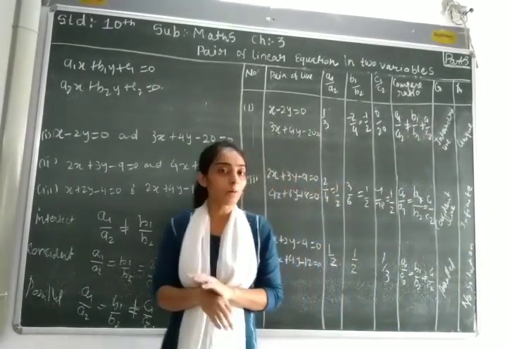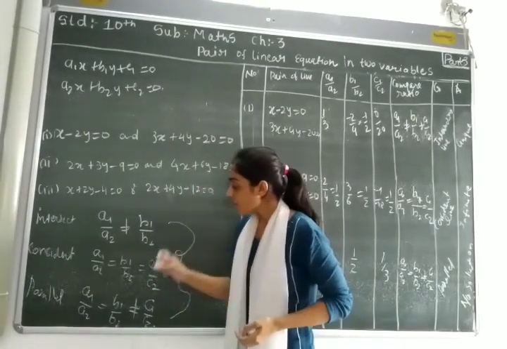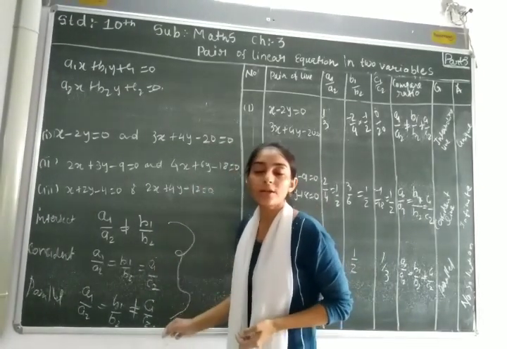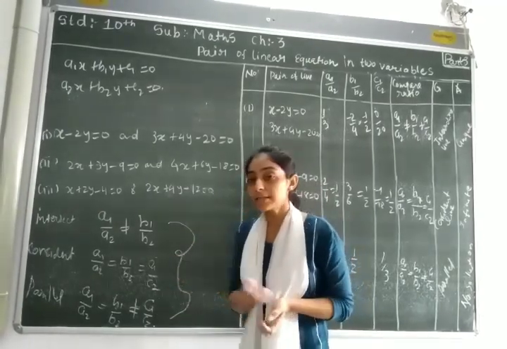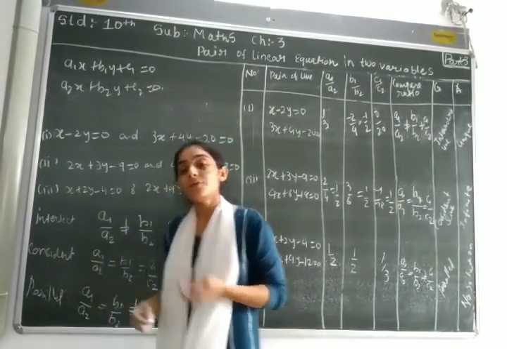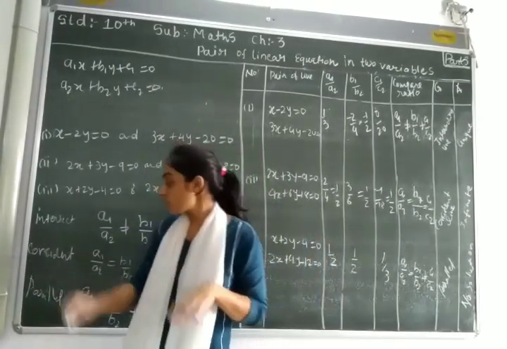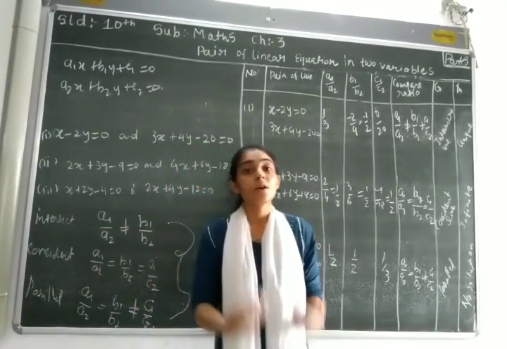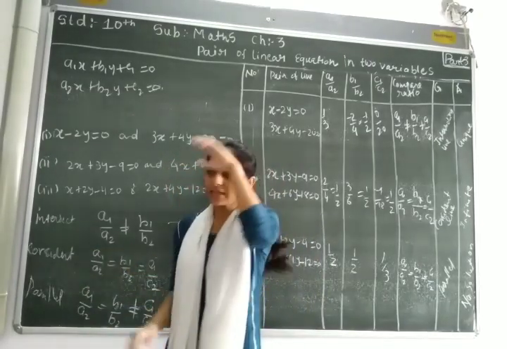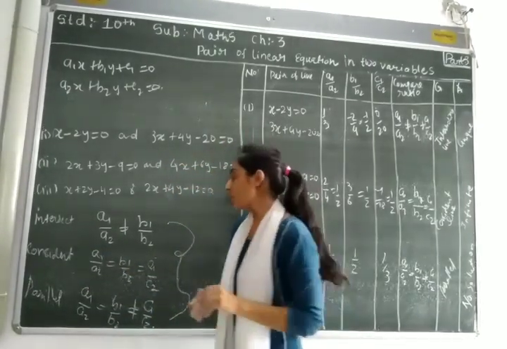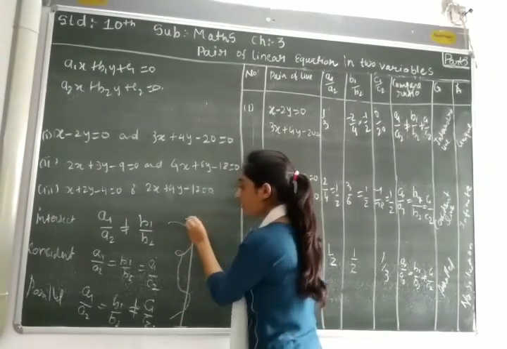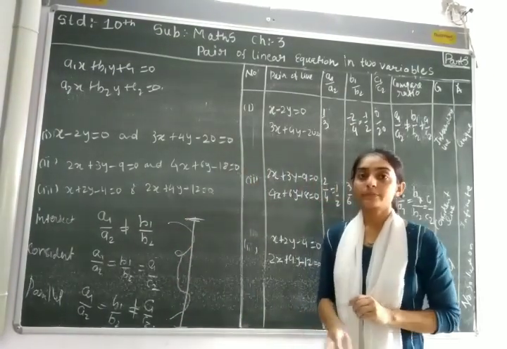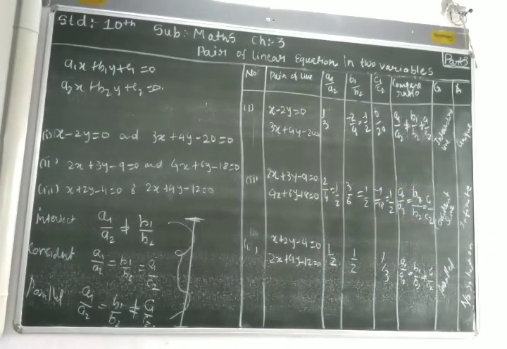After comparing the ratio, you found one relation among all these three. From this relation, you can say that this one is my parallel line, and for the parallel line there is no solution. Coincident line has infinite solutions, and intersecting line has one solution. So you have to remember these three things to solve MCQ. Okay. Now move towards some questions.